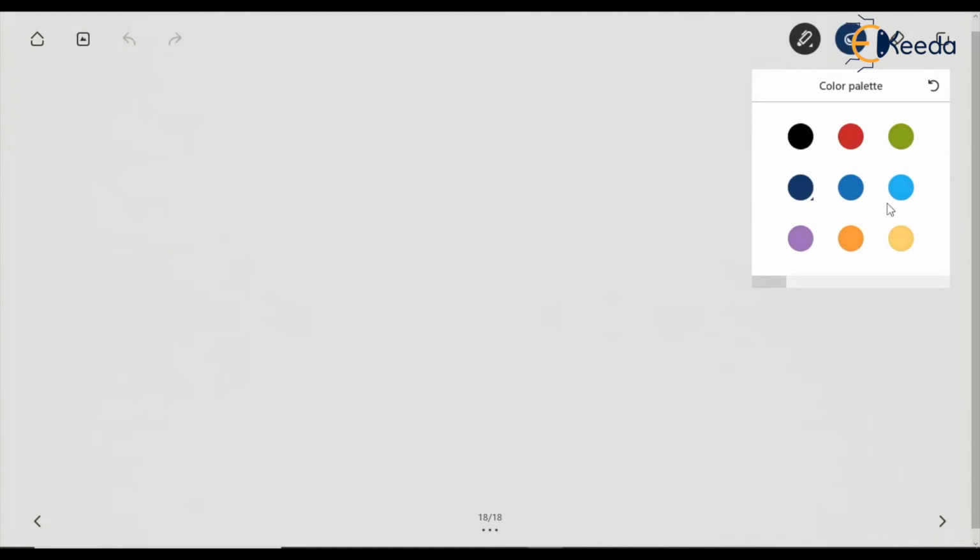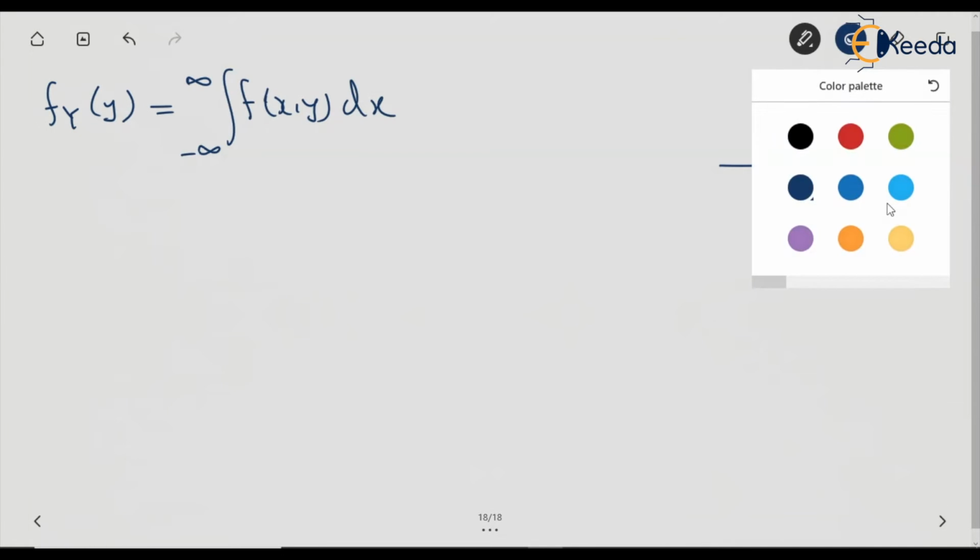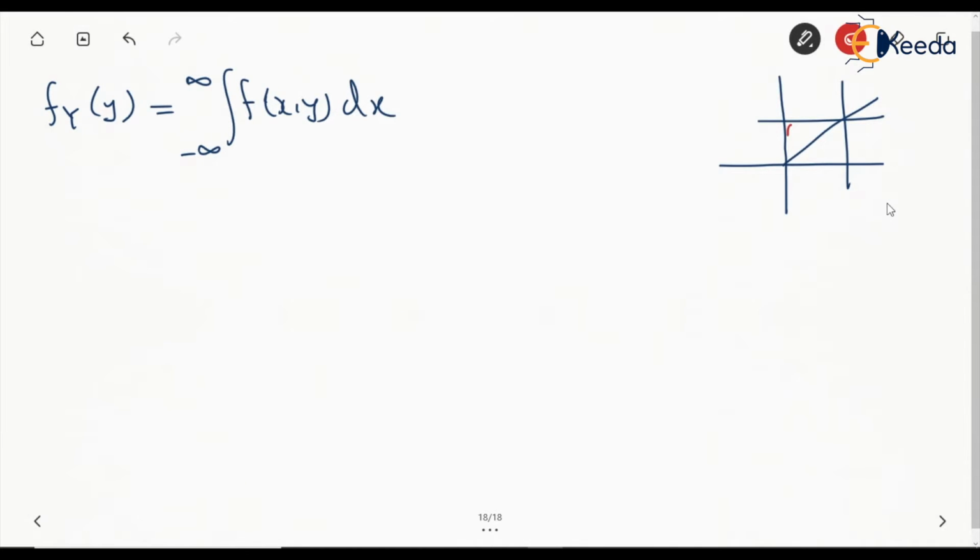Similarly, we can find the marginal probability of Y, which will be f of y, and we will have to integrate from minus infinity to infinity the function of x comma y in terms of x. Now again I am drawing the same, this is the region, right?